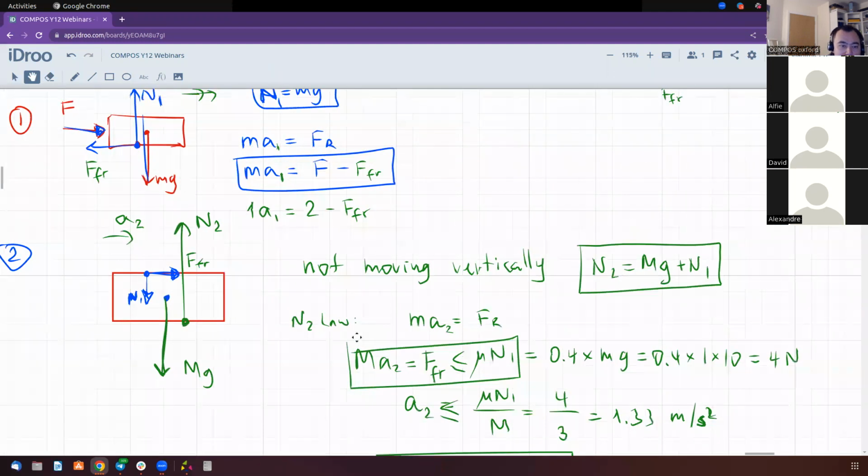And from here, we know that mass times acceleration is equal to the friction force. So it's equal to 2 minus mass times acceleration 2.